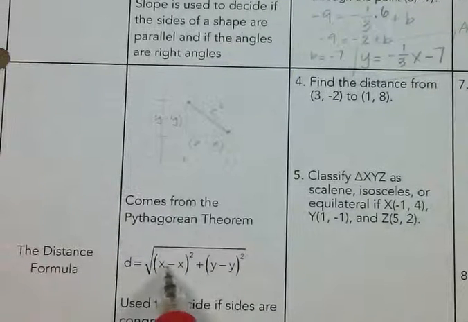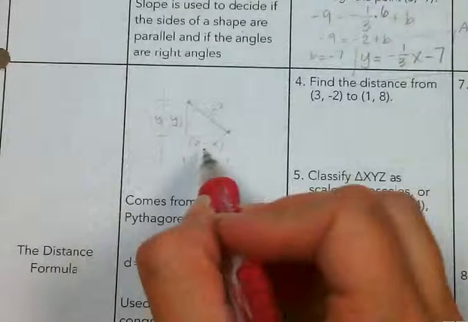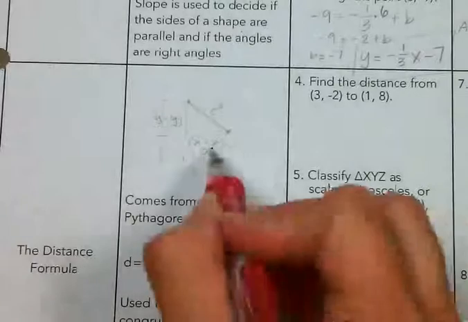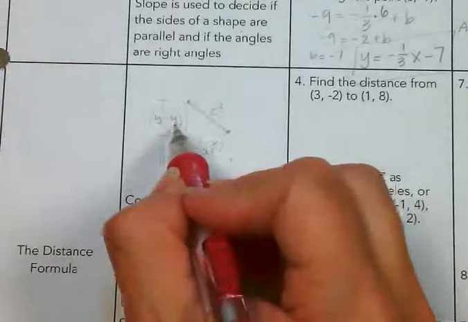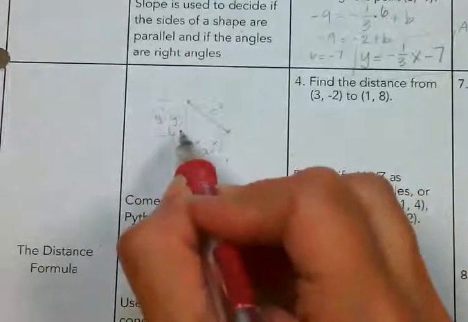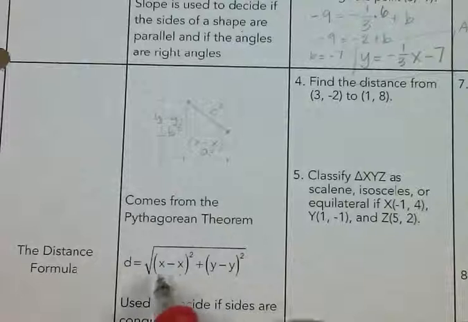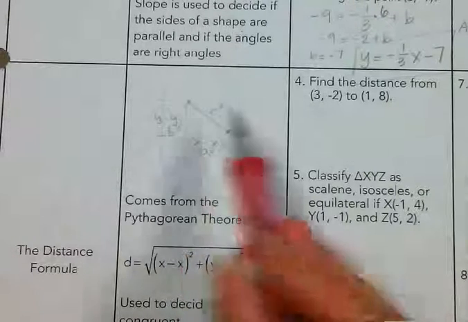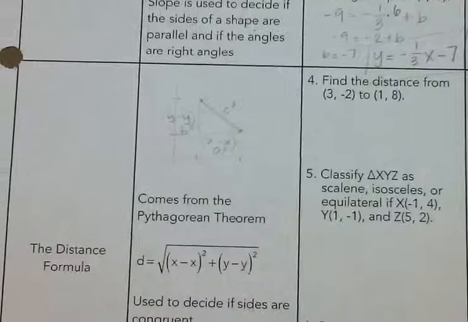So that's where the x minus x squared, that's your a, side a, squared. And then y minus y is your b squared. And then you add those together to get c squared. So to figure out c, you need to take the square root.